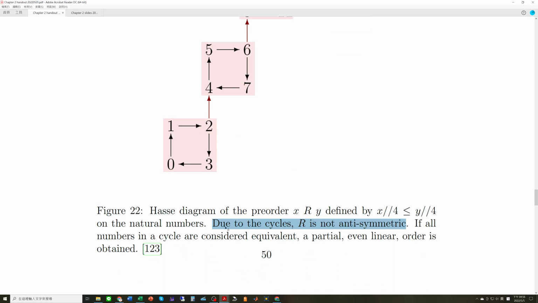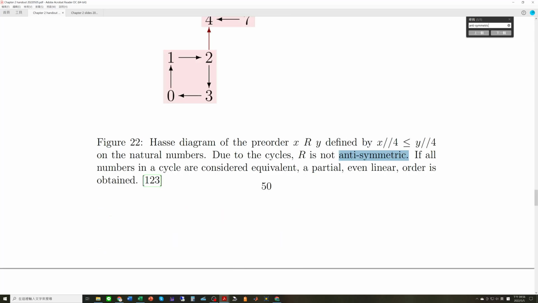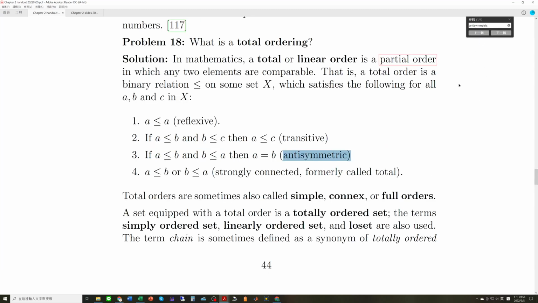Okay, so due to the cycles, R is not anti-symmetric. Okay, do you remember what is anti-symmetric? Okay, let us search for the anti-symmetric. So what is anti-symmetric?